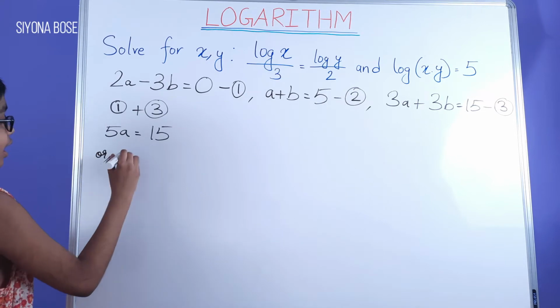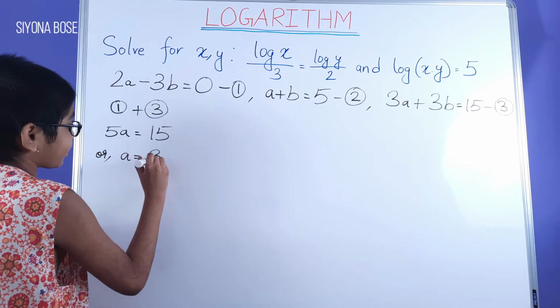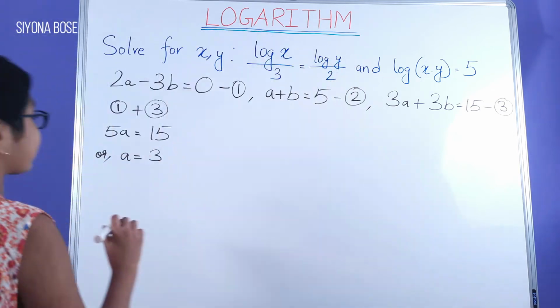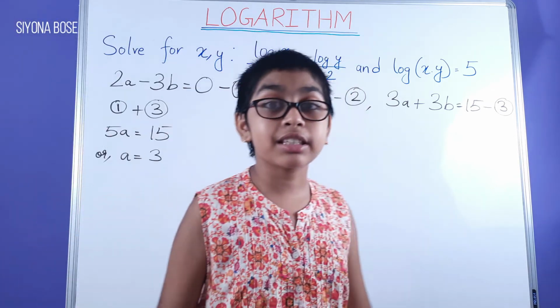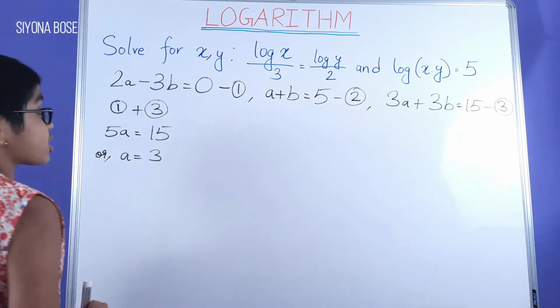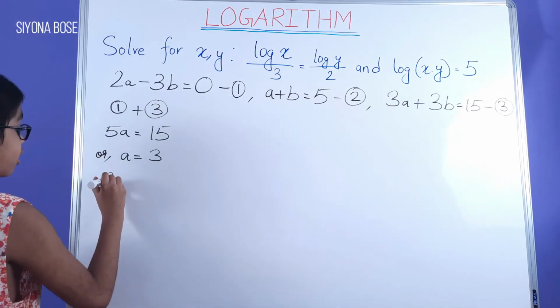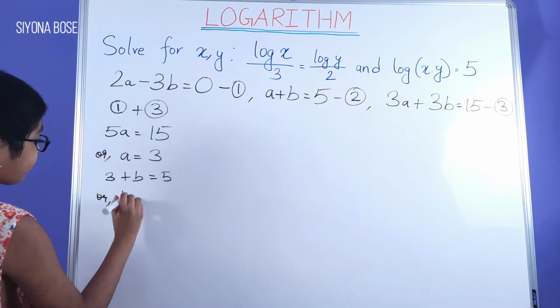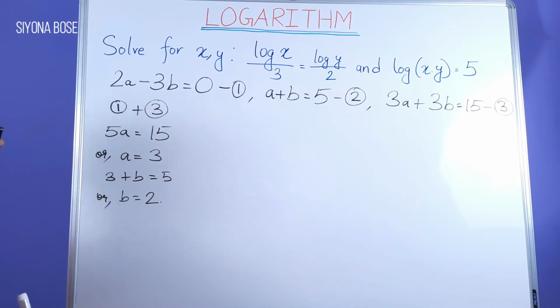Or a equal to 15 by 5. 15 divided by 5 is 3. Easily we got a. Now, substituting the value of a in equation 2, we will get 3 plus b equal to 5, or b equal to 5 minus 3, which is 2.